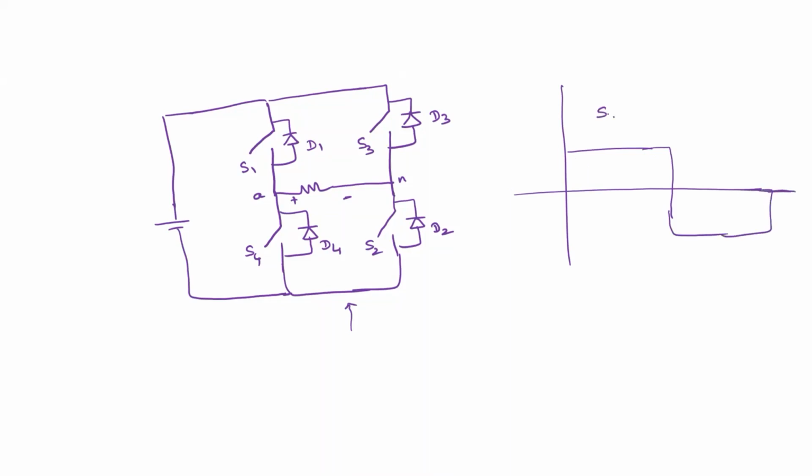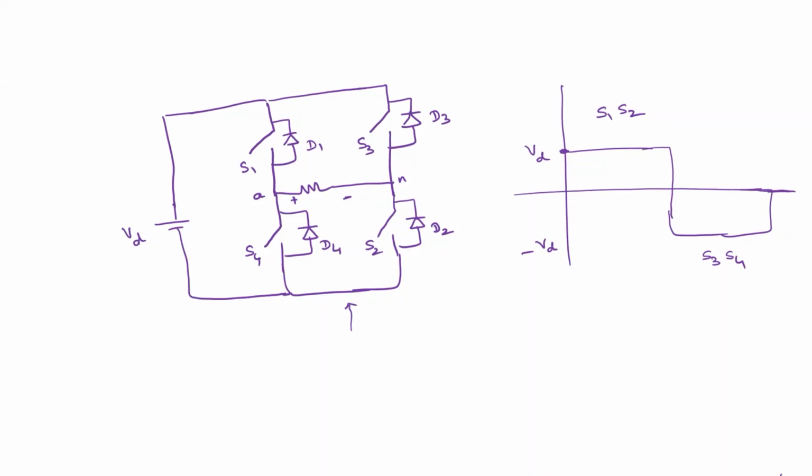When S1, S2 are on, the voltage is plus VD, and when S3, S4 are on, it is minus VD. In the earlier circuit it toggled between VD by 2 and minus VD by 2, but now it is plus VD to minus VD.